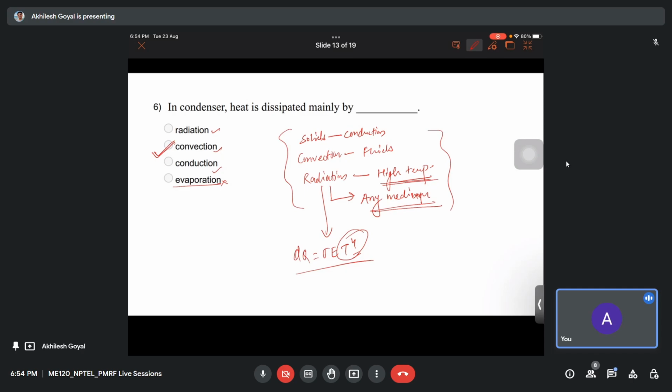That means at very high temperature, heat transfer by radiation is very prevalent, but at lower temperatures, it is negligible. We do not even consider that. In the case of condenser, heat is dissipated mainly by convection, and conduction is also there, but radiation is not there, because at those low temperatures, the value of dQ for radiation is negligible, and we consider it as zero.